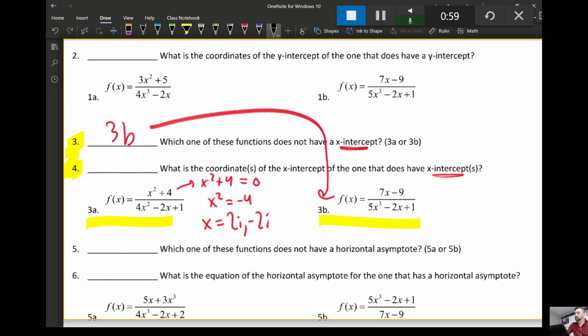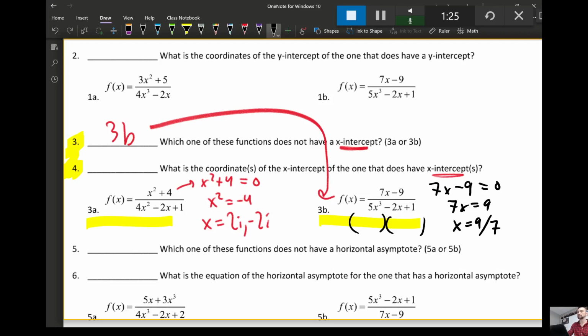So notice that his numerator does equal 0 at 9/7. Now, if it also made the denominator 0, it would be a hole instead of an x-intercept. If you try to figure out what numbers make the denominator 0 and you try to factor this, well, it doesn't factor and it doesn't solve nicely.